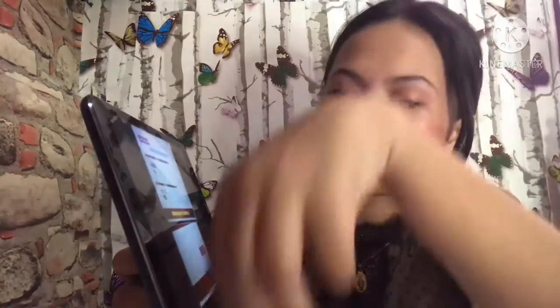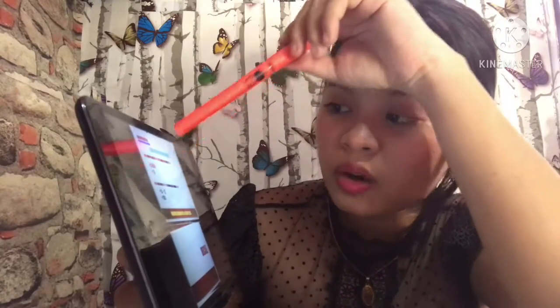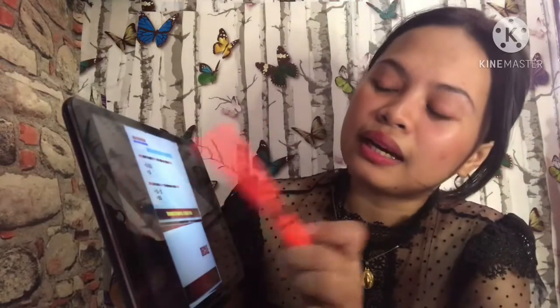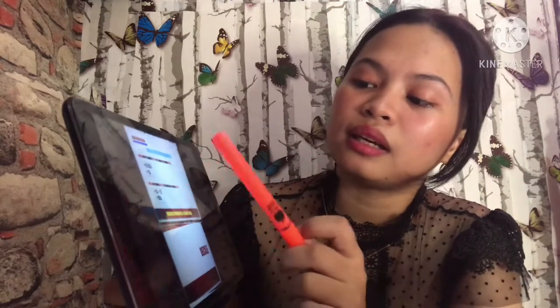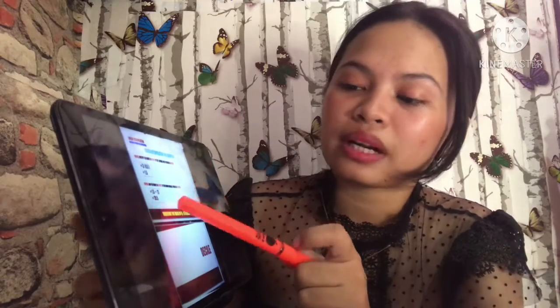Then next, yung step B2. Multiply the result in step B1 by the decimal part obtained in step A2. Yan is equal to 3 times 0.5, then yung sagot is 1.5.